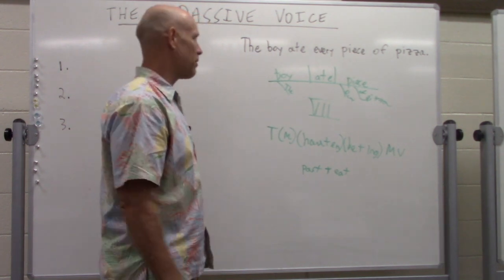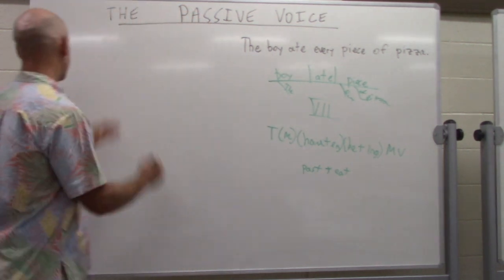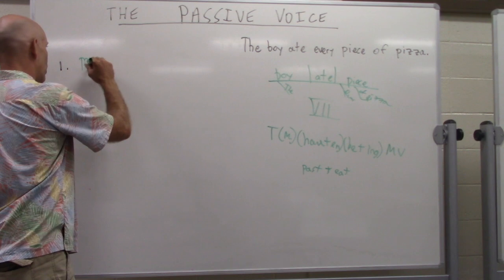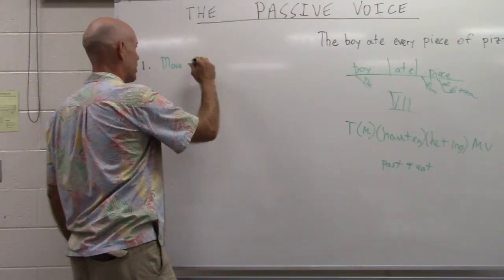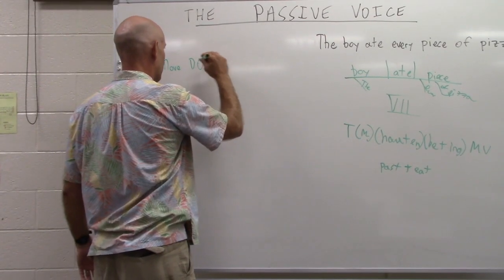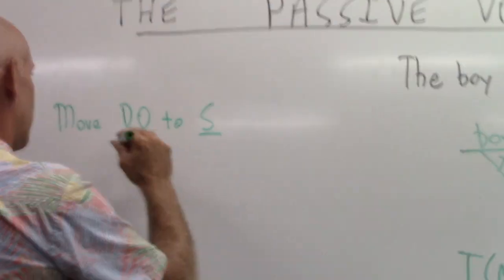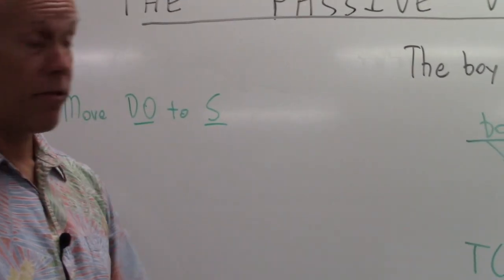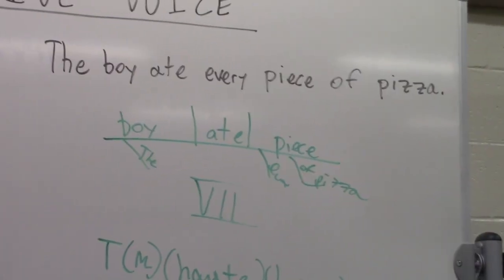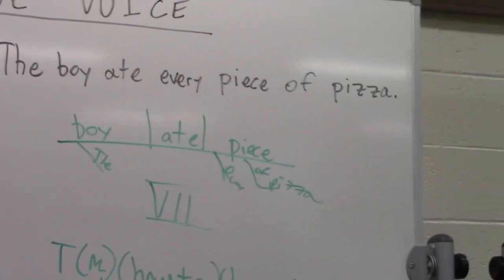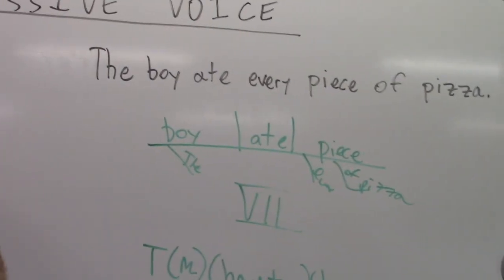Well, the first thing we did was move the direct object to the subject slot. Now, how did we put that? Boy, where's the pizza? What did he say? The pizza, every piece of pizza was eaten.